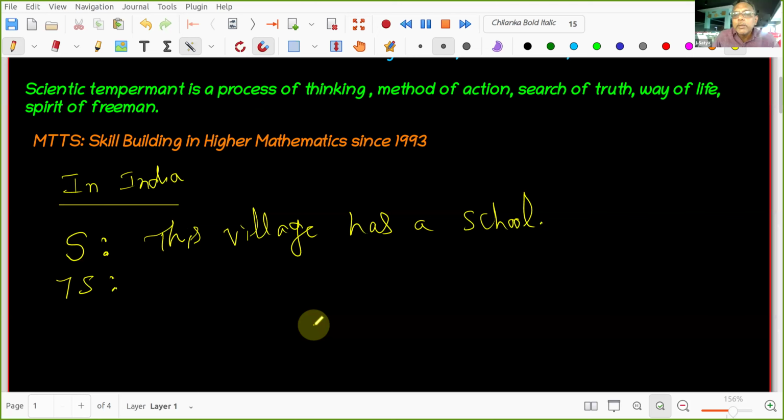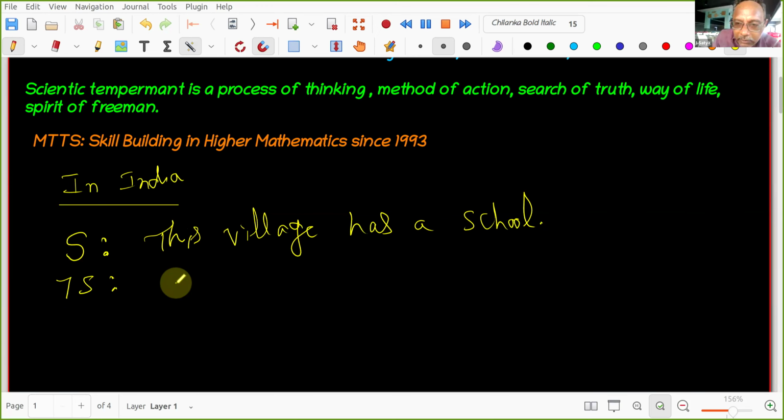Someone from room number 1. Mohan. Shivani. The answer would be: this village does not have a school.